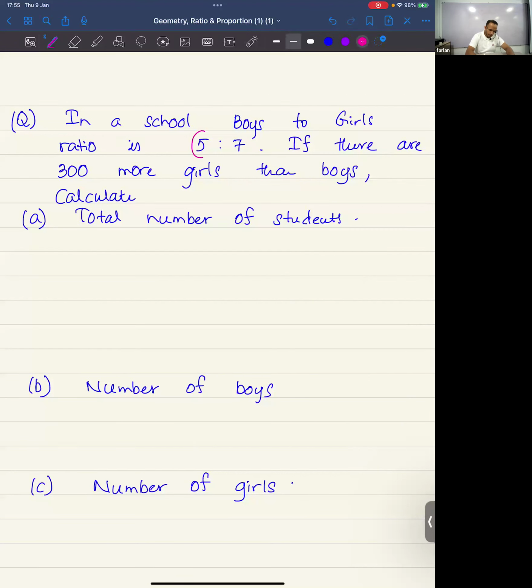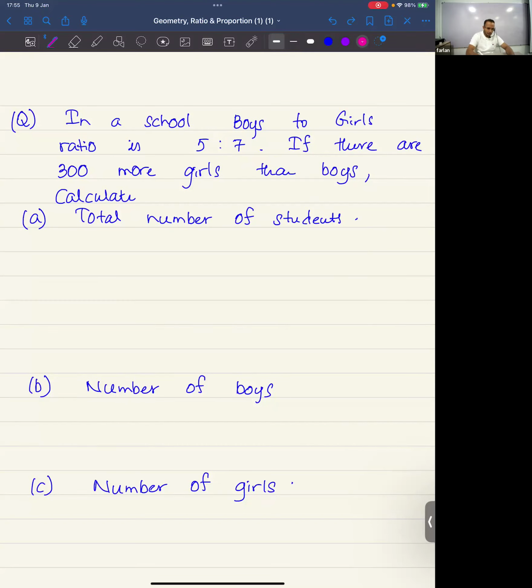There are 5 portions of boys and 7 portions of girls. There are more girls than boys. How many more? 300 more.